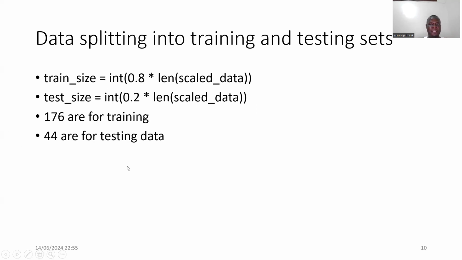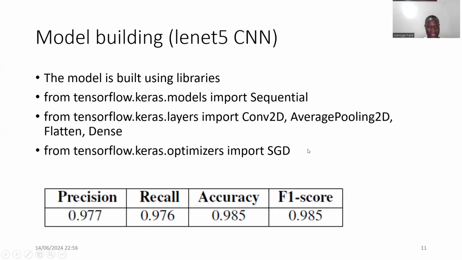Then I split the data into training and testing, whereby 80% was for the training set and 20% was for the test data set. So 176 batches for training and 44 batches for testing.